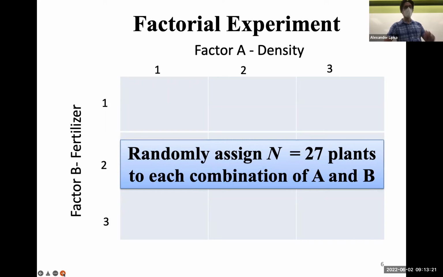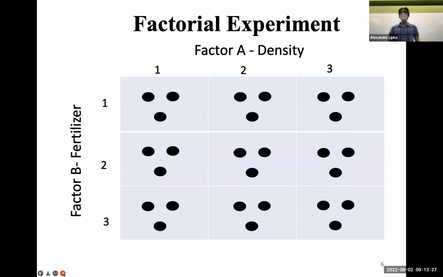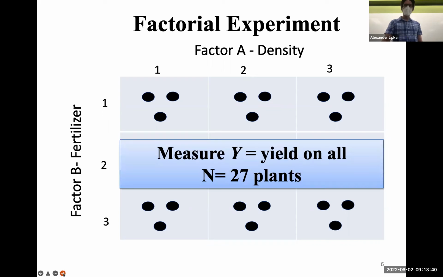So we're randomly going to assign these 27 plants to each of the 9 possible combinations. So we might end up having a data set that looks like this. At each of the 9 possible combinations of factor A and factor B, we have 3 replicate plants, okay? So let's say we want to measure yield on all of the 27 plants.